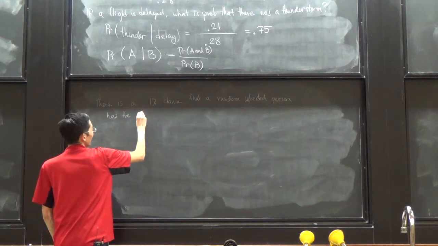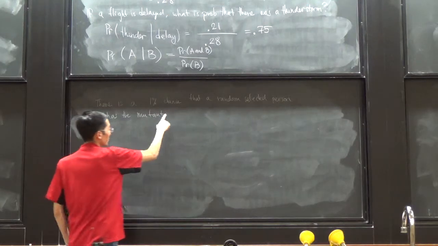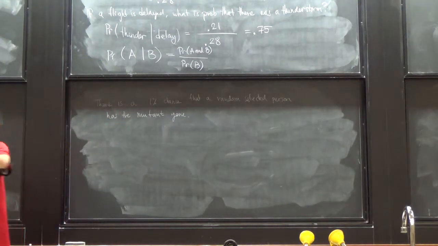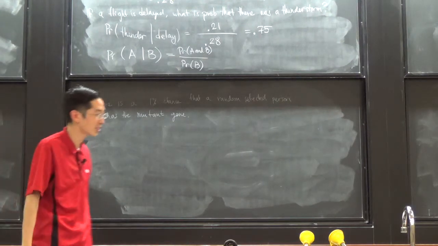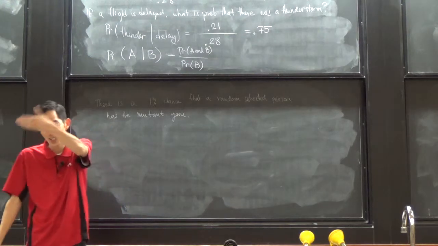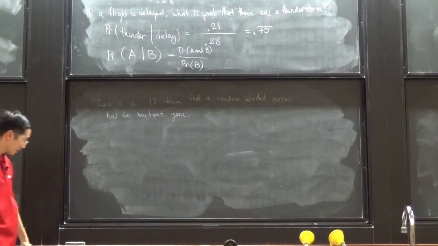Anyone see X-Men Days of Future Past? Anyway, this is just some made up thing. So let's say there's a 1% chance that someone has the mutant gene, right? And then Trask Industries, they said they have this device that can hone in on the mutant gene, detect whether someone has the gene or not.